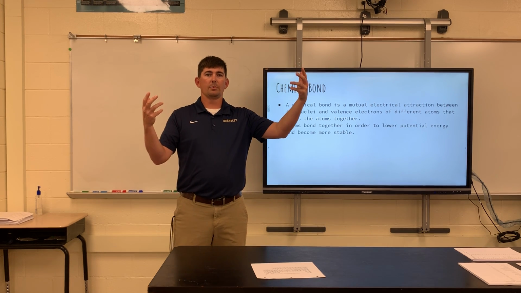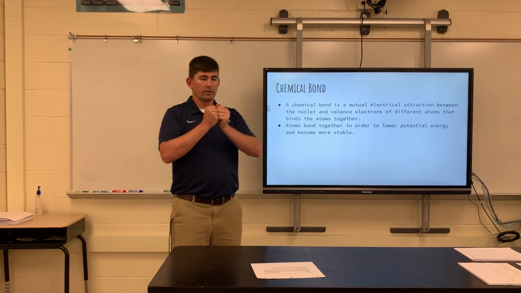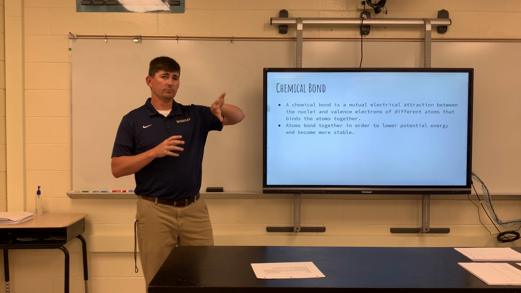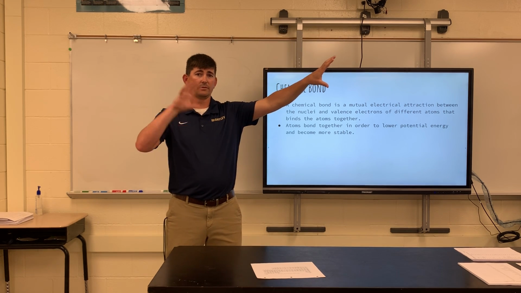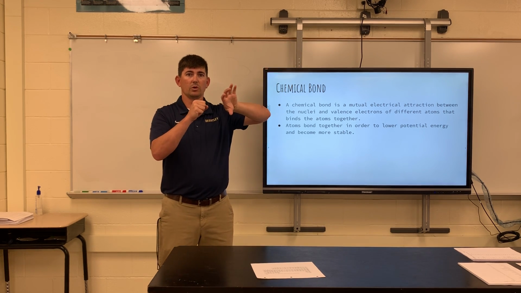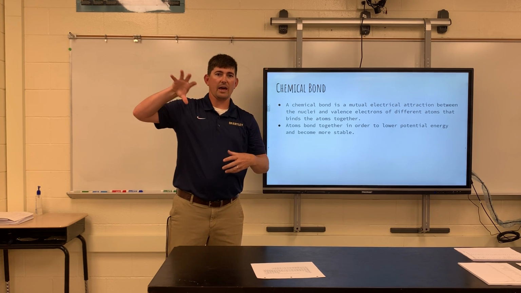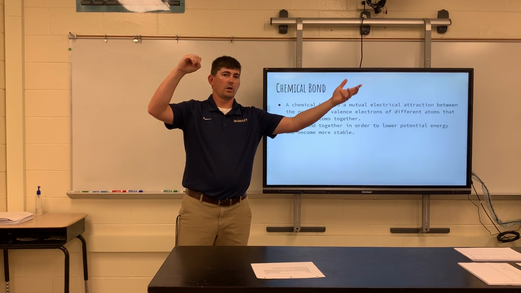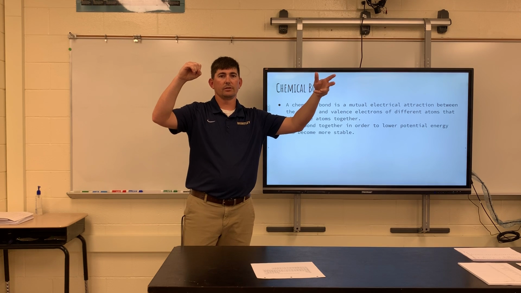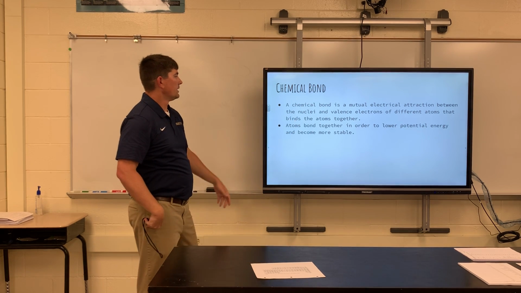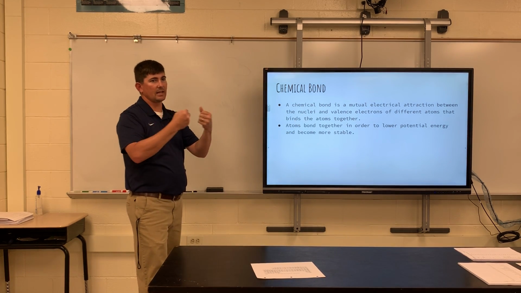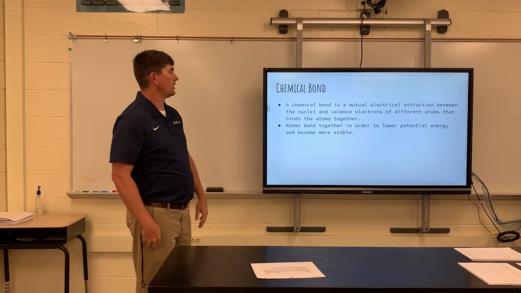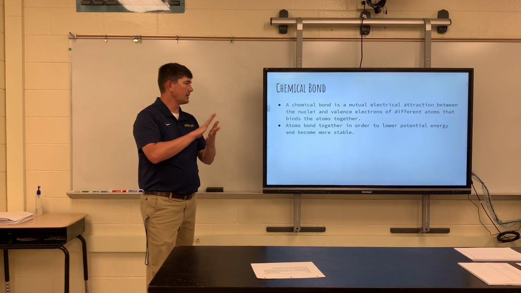So of course that opposite attraction, they're attracting to each other and they're coming together, right? So the valence electron of one atom and the nucleus of the other. Now if that's happening with one, then the opposite, this atom over here, its valence electron would also be attracted to the nucleus of this atom, right? And that energy of electrical attraction there is what's binding them or holding them together.